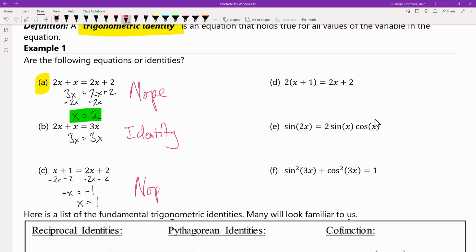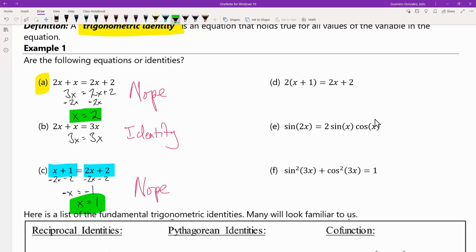Not an identity. What I mean is that this left-hand side is equal to this right-hand side only at x equal positive 1, not at any number x. Only at x equal 1, because we were able to solve it out.